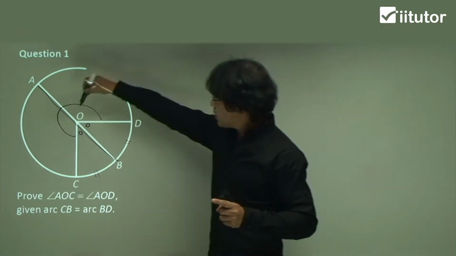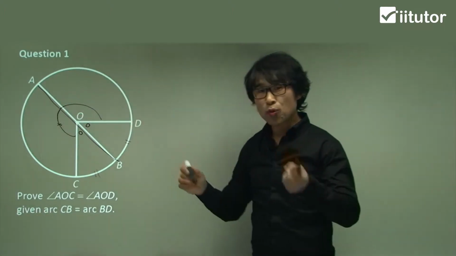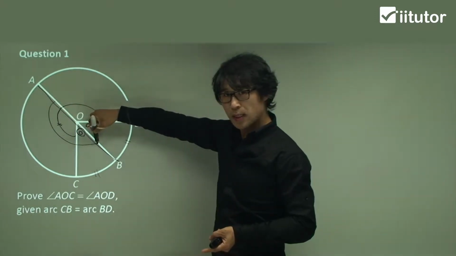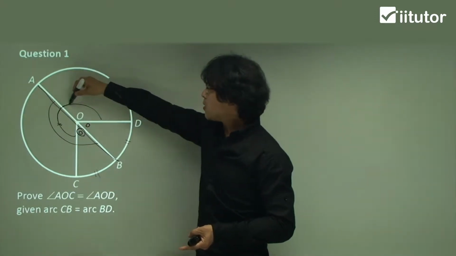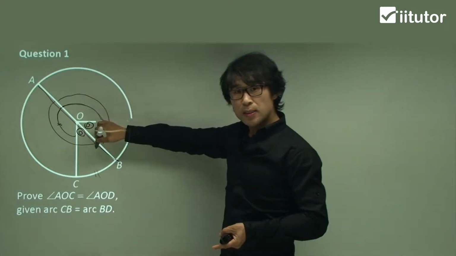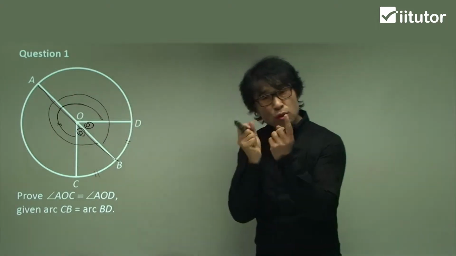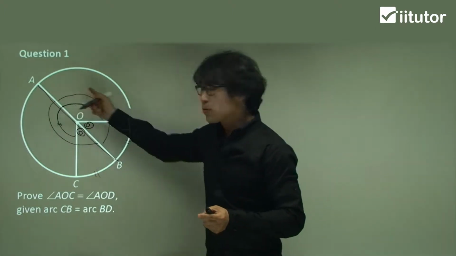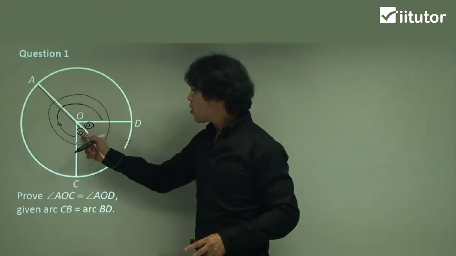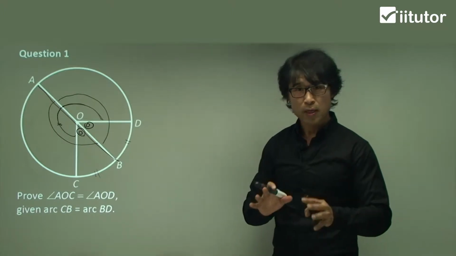So this particular angle can be obtained by taking this angle from 180. Similarly, we can get this angle by taking this angle from 180. These two angles are the same, so we take two same angles from the same angle, but they're placed in different places. We take the same angle from 180. Therefore, the remaining angle must be equal. So that's what I'd like to do.